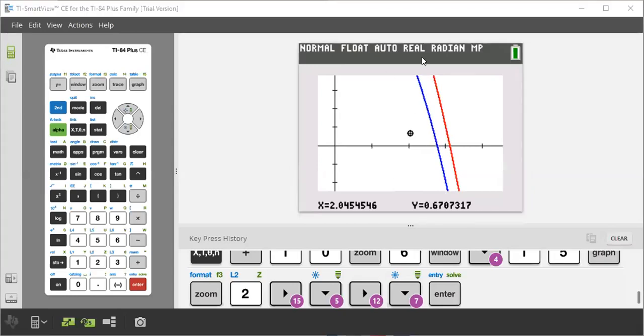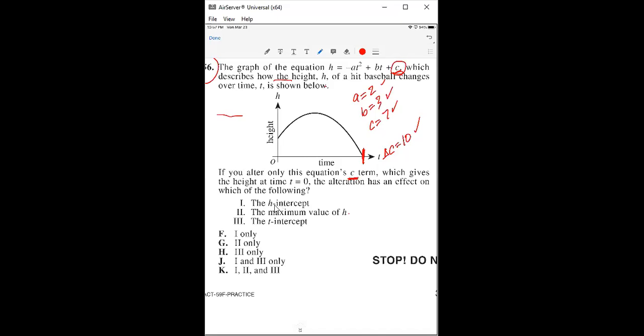I go back and it says, does the h-intercept change? Yes. Did the maximum change? Yes. Did the t-intercept change? You bet. So that means the answer for this one is K. So this is supposed to be a difficult question, but if you strategically use your calculator, this problem is very simple.